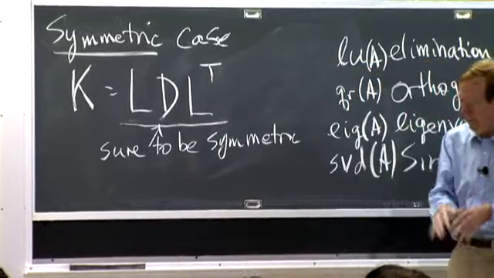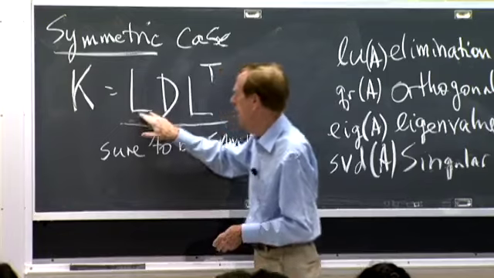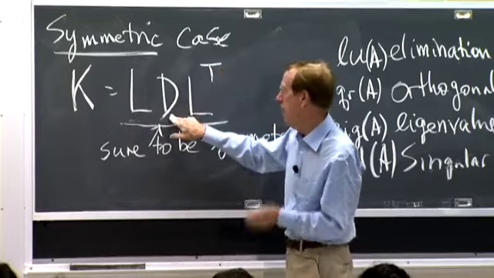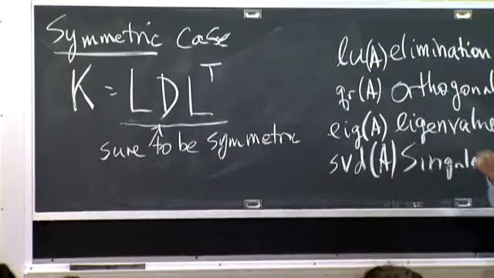And going the other way, if I started with a symmetric matrix and I did elimination and got an L, then factoring out the D would leave me L transpose. So what you've seen by example is what will happen all the time.